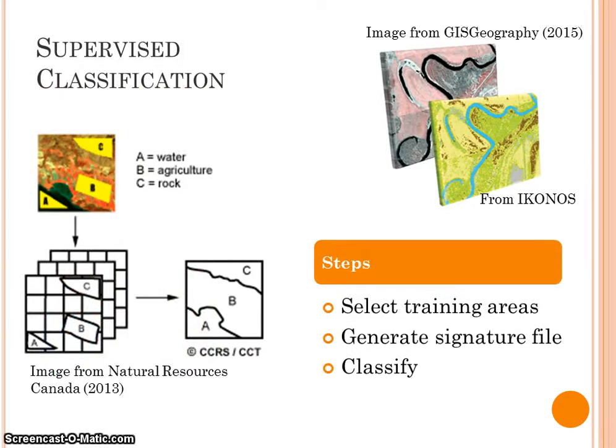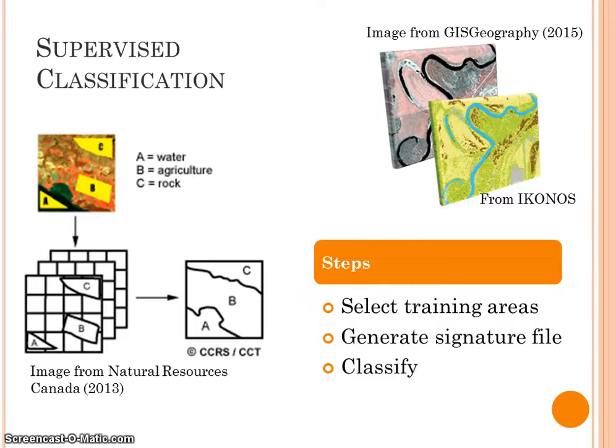As GIS Geography describes, quote, the user selects representative samples for each land cover class in the digital image. These sample land cover classes are called training sites. End quote. The image classification software uses the training sites to identify the land cover classes in the entire image.